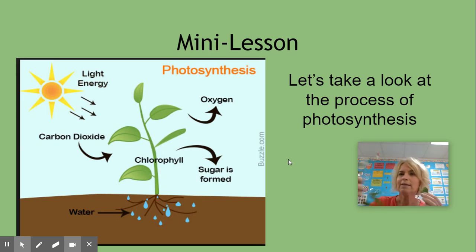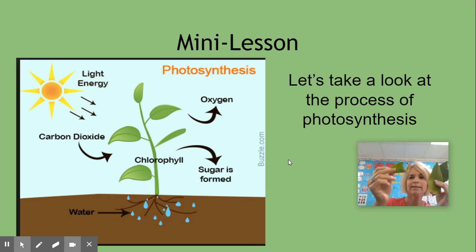Notice the different shapes of the leaves. There's these leaves. No matter how tiny the leaf is, no matter what color of green it is, no matter what shape it is, all of these leaves have the same job.